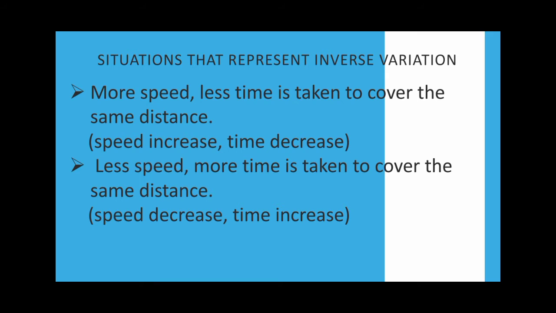So, yan ang ibig sabihin ng inverse variation. Pag ang isang variable ay mababa, tataas ang isang variable. Kapag tumaas naman ang isang variable, then the other variable will decrease.